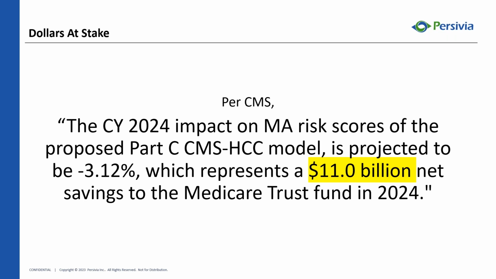And I want to give credit to Pareto for their study analyzing the differences between V24 and V28. Prior to applying coding intensity and normalization factors, the V28 model is resulting in a RAF decrease ranging from 7 to 22%.